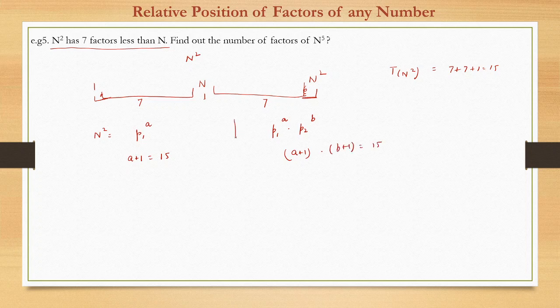So two cases are coming here, right? Either n can be this or n can be this, or it can be a third case also. You can write n as p1 raised to power a into p2 raised to power b into p3 raised to power c, and see if the cases you can get. So from here a plus 1 into b plus 1 into c plus 1 is equal to 15.